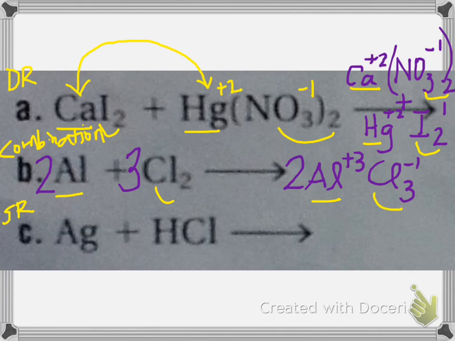And unfortunately, it is not. So what we're going to write for this one is no reaction. There are no products because, again, silver is not higher than hydrogen on the activity series of metals.